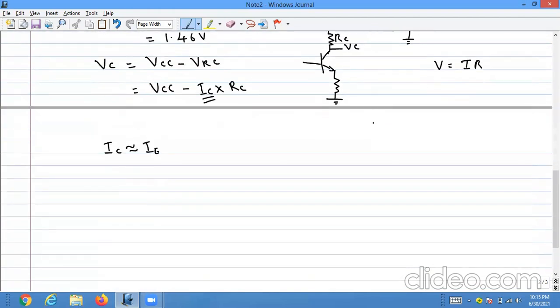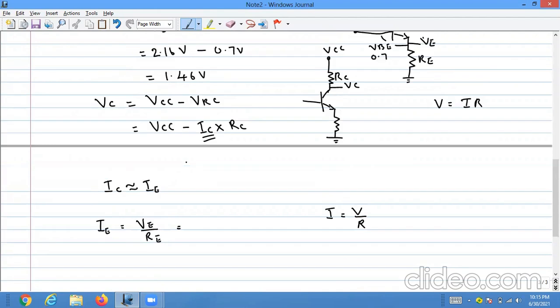So we'll try to find IE. Here also we can apply Ohm's law: I is equal to V by R. So IE will be equal to VE divided by RE.